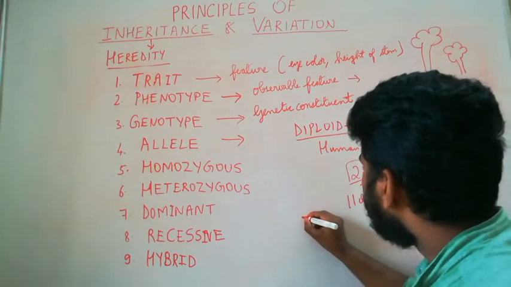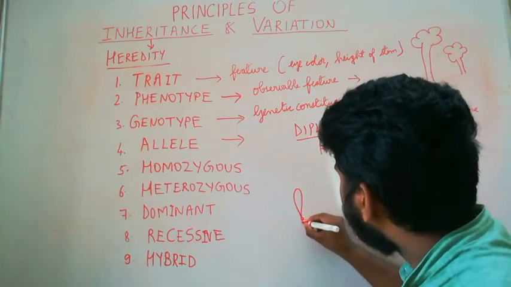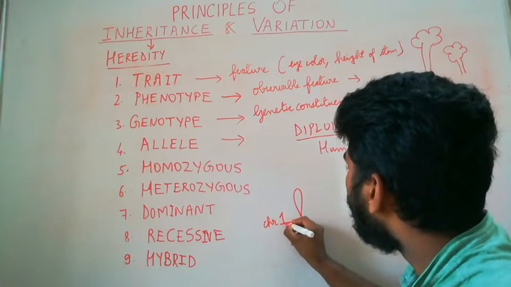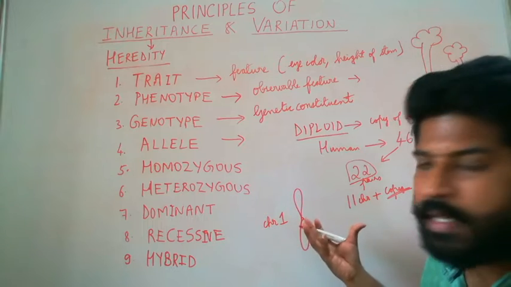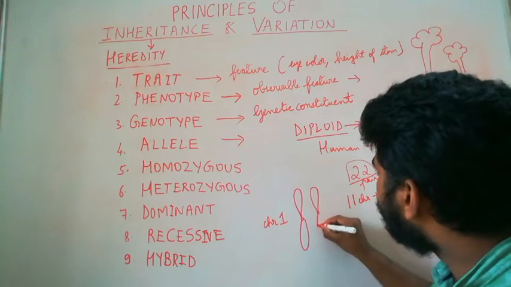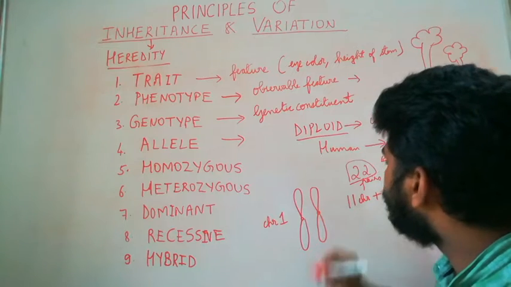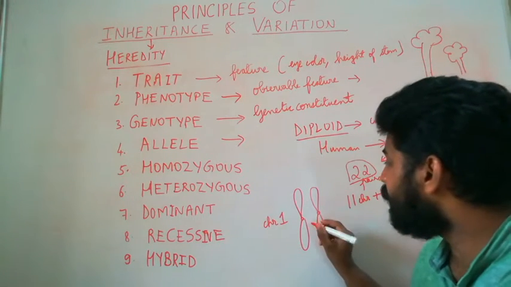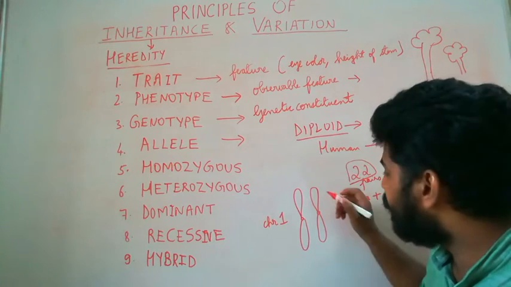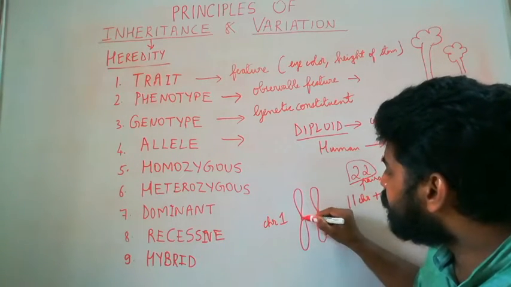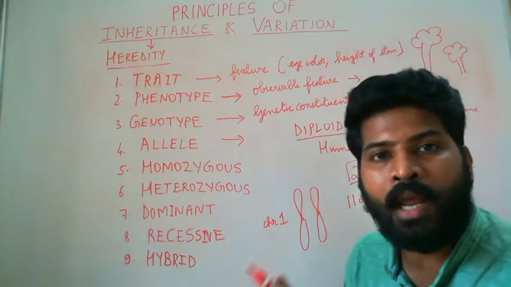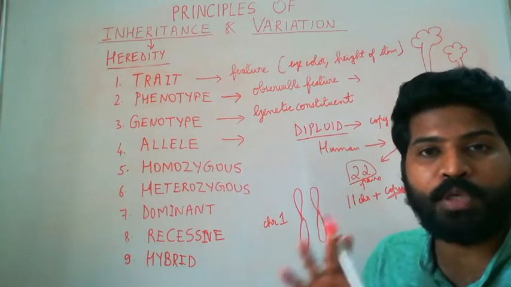So let us say this is chromosome number 1 in a human cell. It will have another copy of itself, and they are exactly the same. They contain the same number of genes, the same type of genes at the same positions.